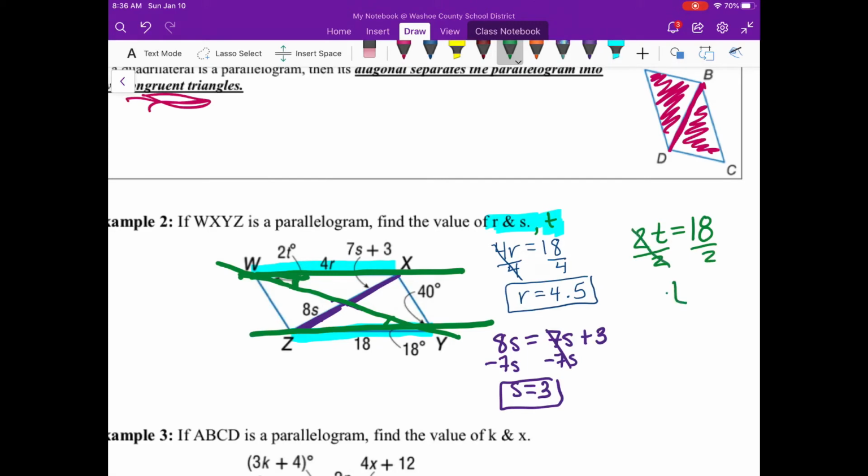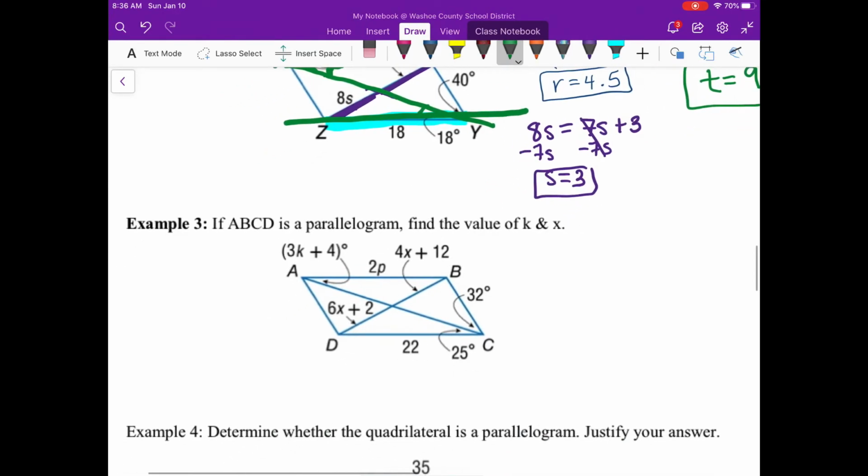So I can actually set 2t equal to 18 to solve for t. I'm going to divide both sides by 2, and I get t equals 9 in this case. So this one's kind of throwing it back to first semester again, where we talked about alternate interior and alternate exterior angles, and in this case, these are alternate interior angles. That's 2t and 18.